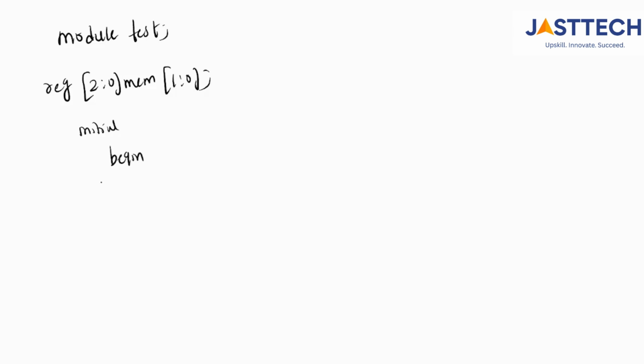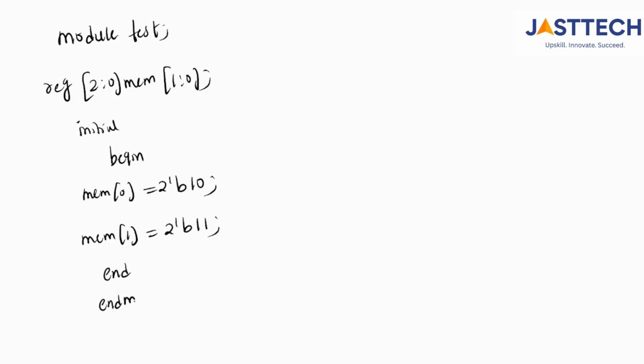So if multiple statements are there, you need to write between the initial begin and end block. Initial means procedural blocks. When you are using reg data type, you need to use procedural blocks, either initial or always. So mem of 0 equal to what? 2 tick binary 1 0. Mem of 1 equal to 2 tick binary 1 1. Okay, end and end module.